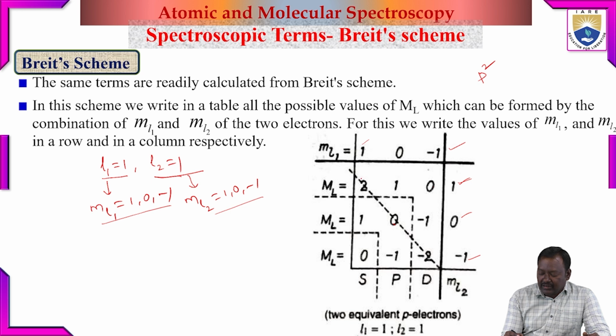So these are the values after adding the ML values of the first electron and the ML values of the second electron individually.